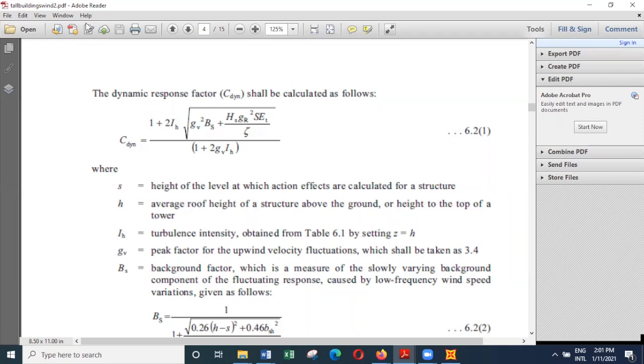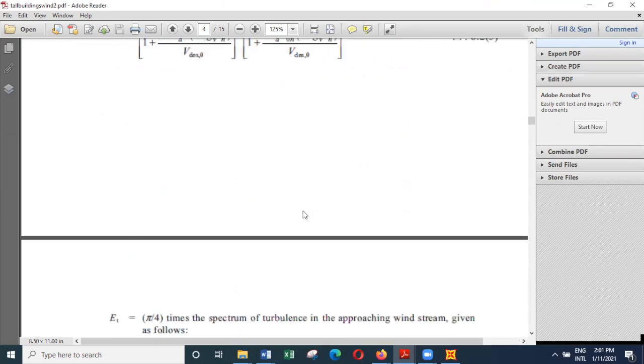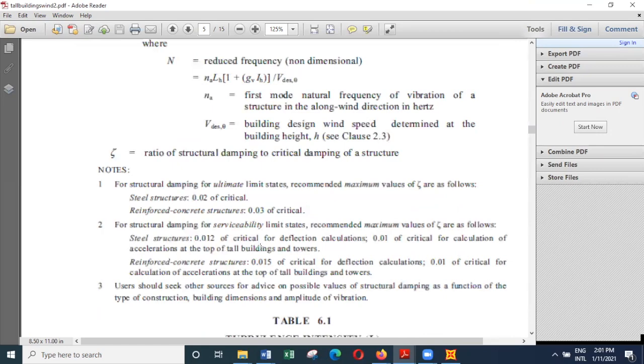And as a function of critical damping, these different damping values have been defined. Generally the damping available in the structure can be about 3% of critical damping at ultimate limit state.